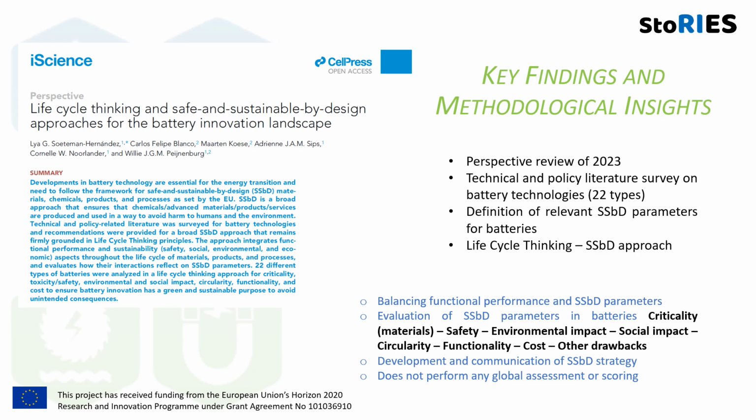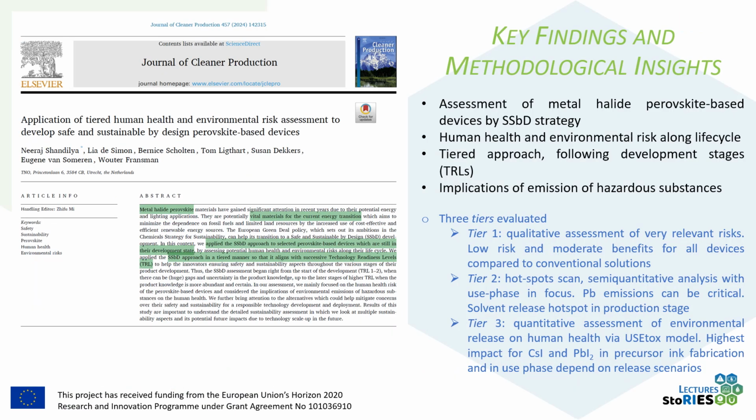A second document is a paper that came out in the Journal of Cleaner Production in 2024, and in this case the authors deal with the application of tiered human health and environmental risk assessment to develop safe and sustainable by design perovskite-based devices.